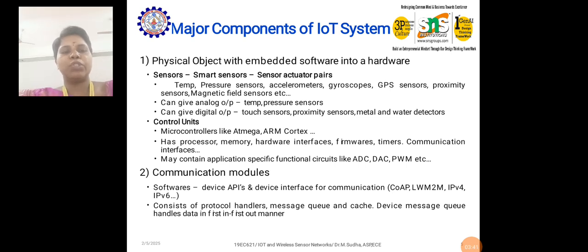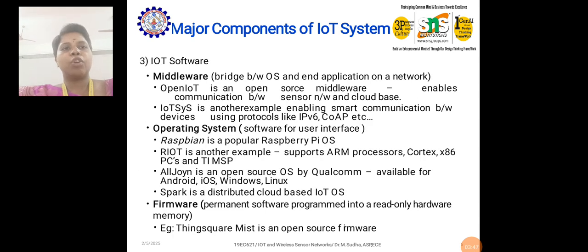We already mentioned those software, also Internet protocols, and those are the major components. And coming to the IoT software, we have the middleware and operating system, also firmware. For firmware, we all know very well, it is the permanent software programmed into read-only hardware memory. The best example of firmware is ThingSquare Mist, an open source firmware.